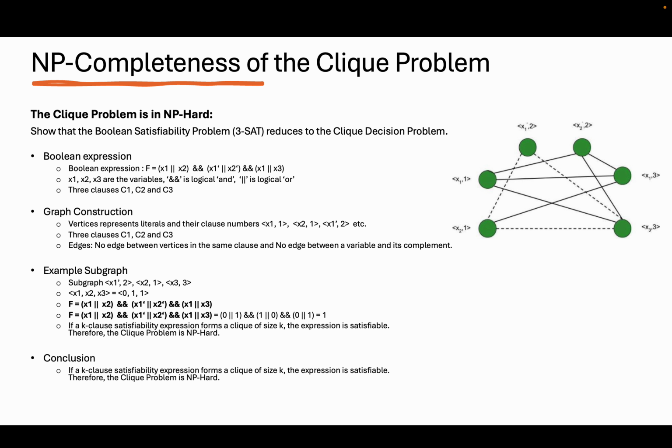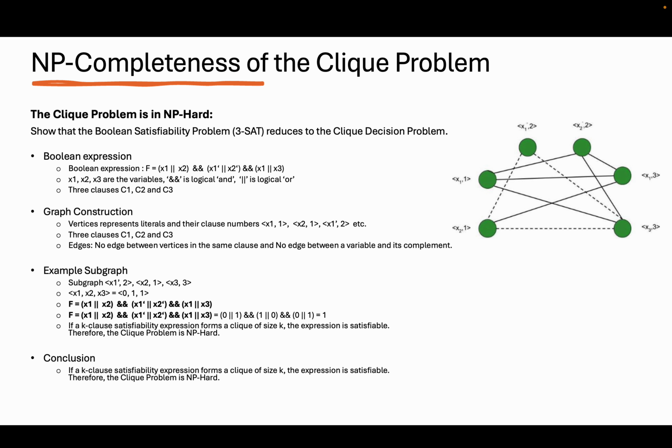Now when we substitute the values of x1, x2, x3 as 0, 1, 1, the expression evaluates as follows: 0 OR 1 will be 1, 1 OR 1 will be 1 and 0 OR 1 will be 1. If we perform the AND operation on all the 3 ones, we get the final output as 1.